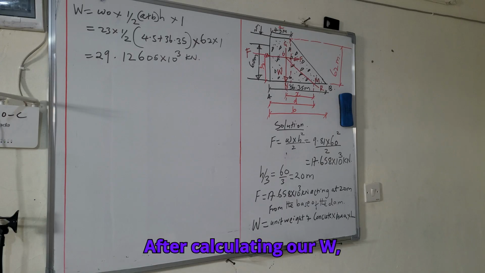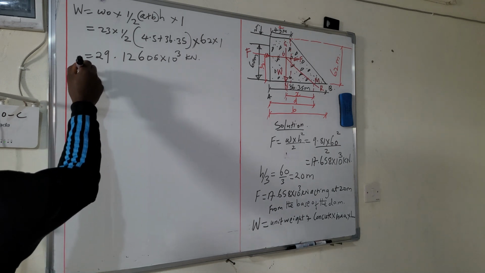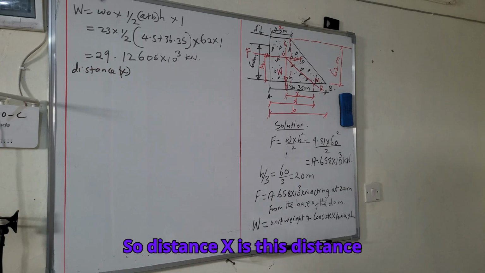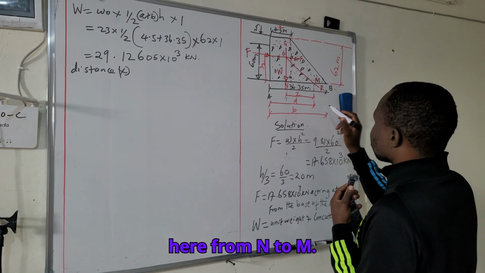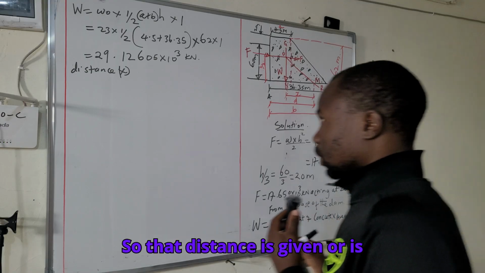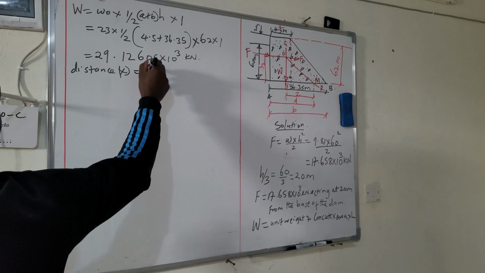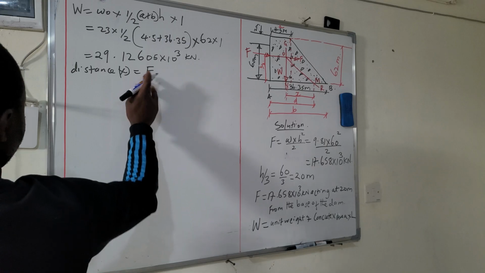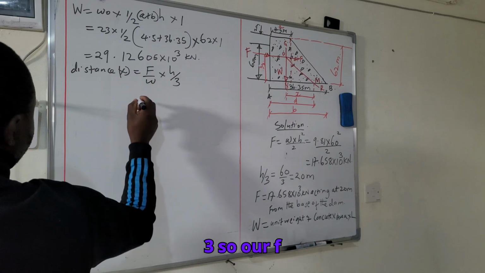After calculating our W, we'll proceed to distance X. Distance X is this distance here from N to M. That distance is calculated using the formula F over W times H over 3.